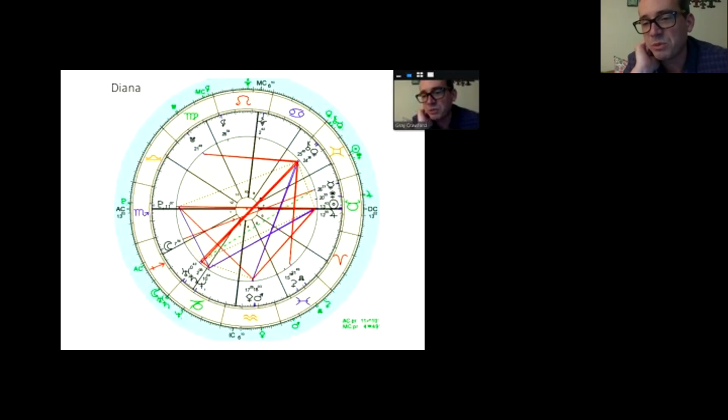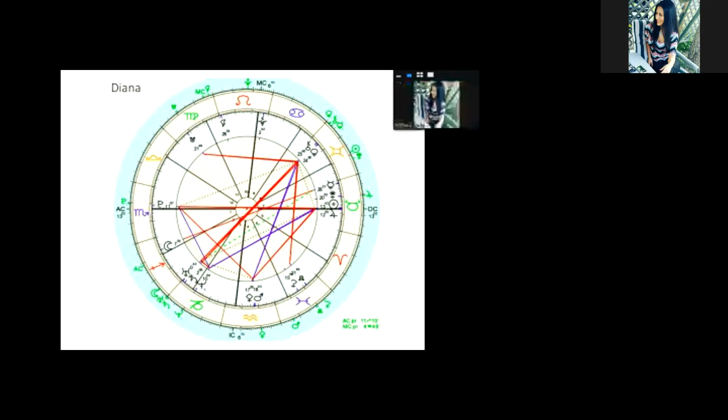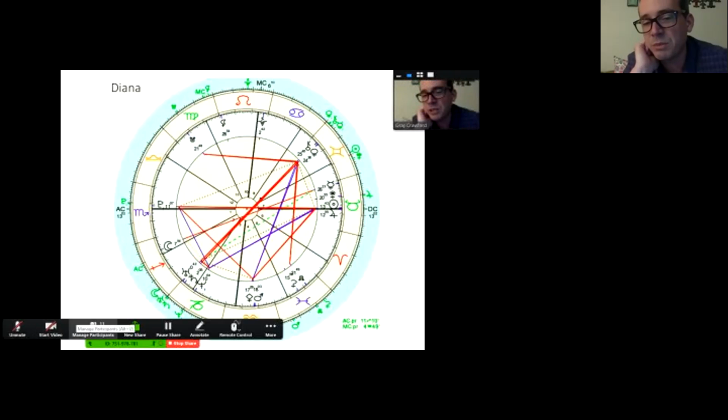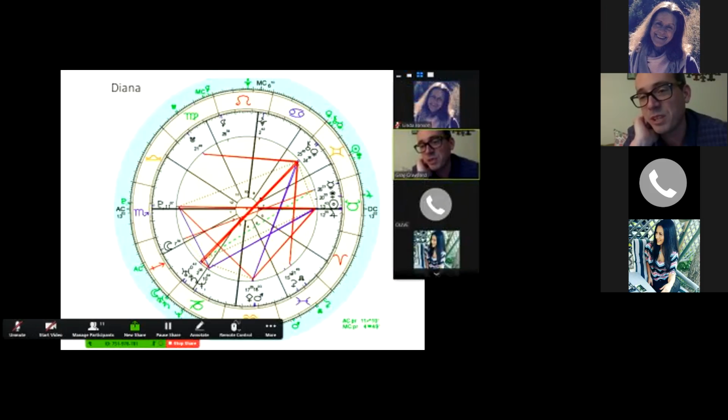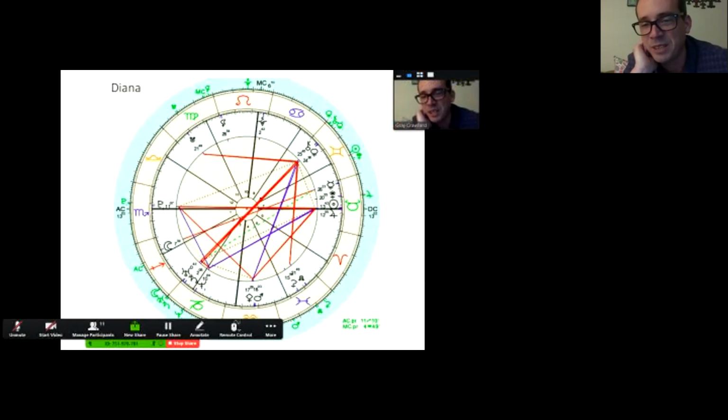So that's one of many important things for her about relationships. You may also have noticed, well, we also know she's born a full moon, which is another relationship thing, right? And then you're also going to hopefully notice she has this awesome Venus-Chiron conjunction, like I do, actually, but hers is closer than mine.